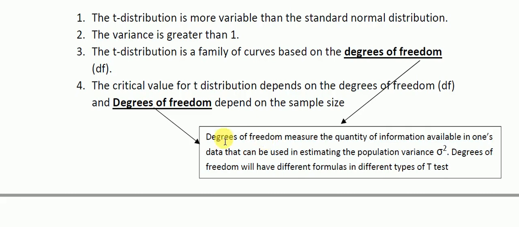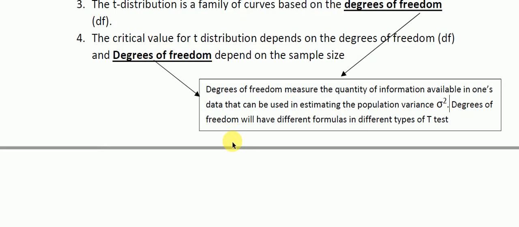If someone asks you the definition, then this is the definition of degrees of freedom, but the formula will vary from case to case. So basically, degrees of freedom measure the quantity of information available in one's data that can be used in estimating the population's variance. So it's basically the quantity of information which is used to estimate the population's variance.